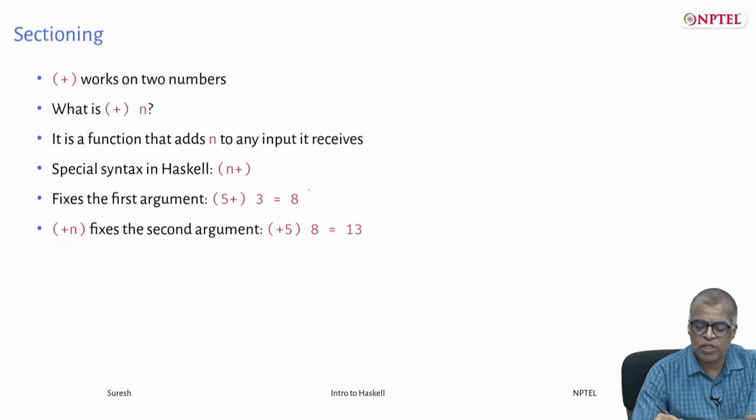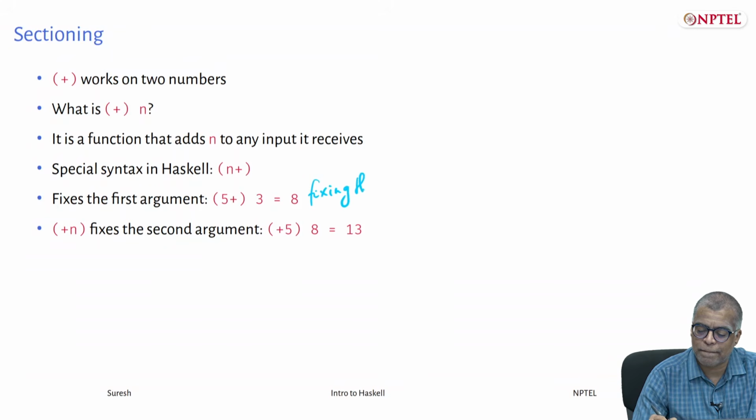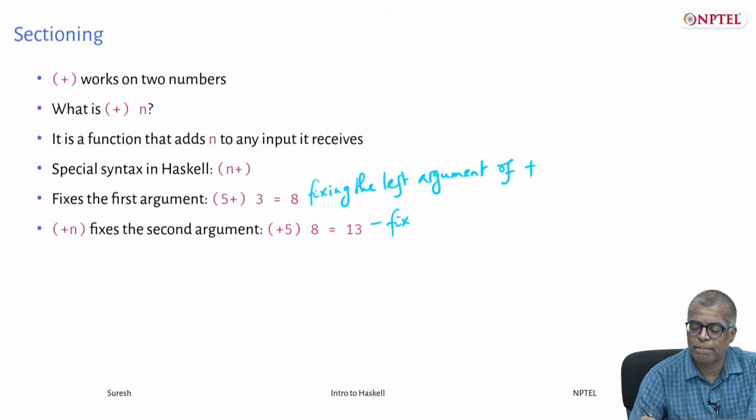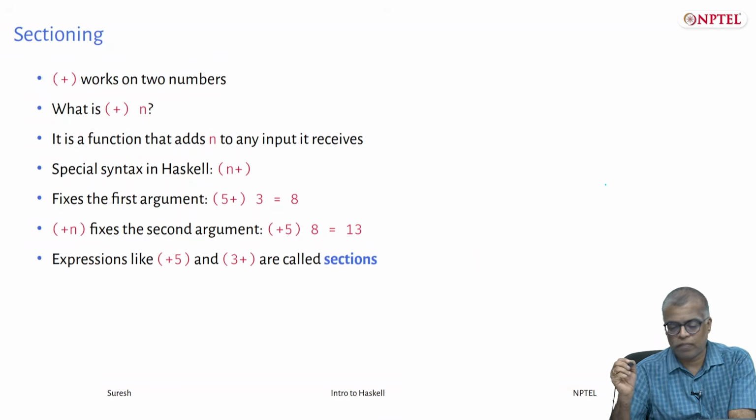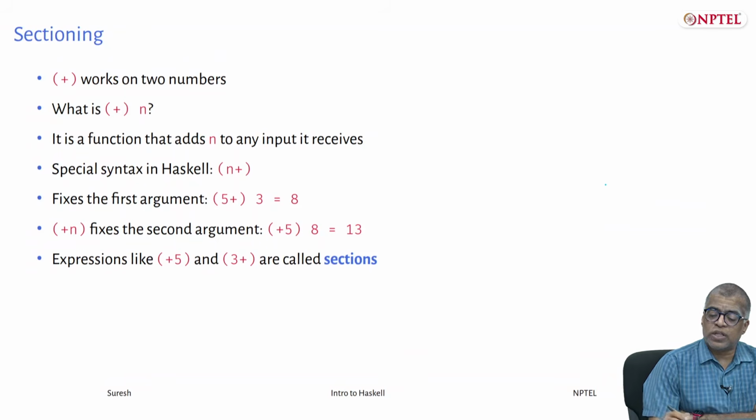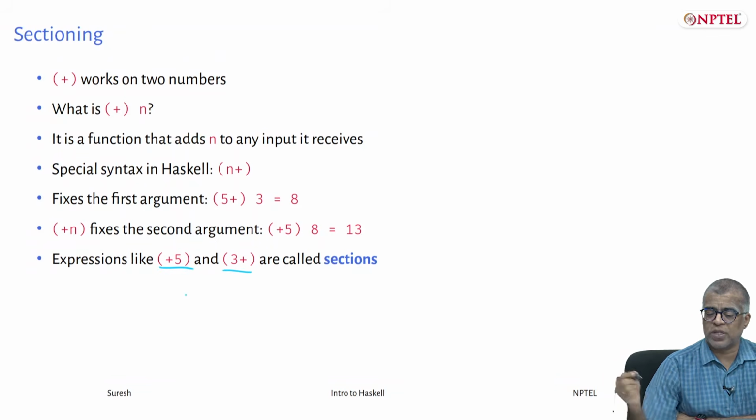So this is fixing the left argument. These things are called sections: plus 5, 3 plus, etc.